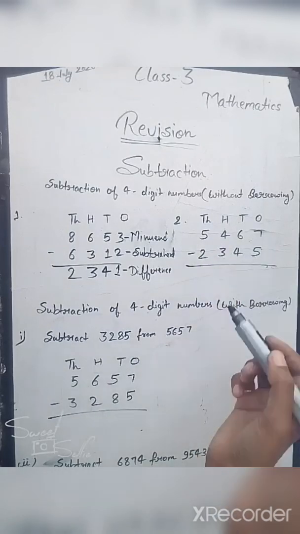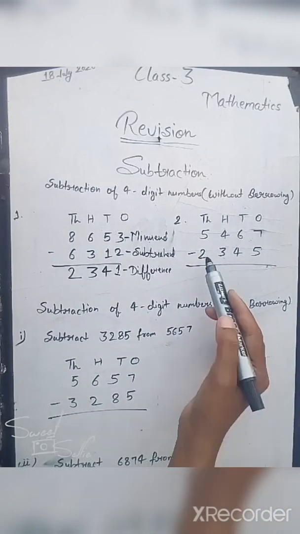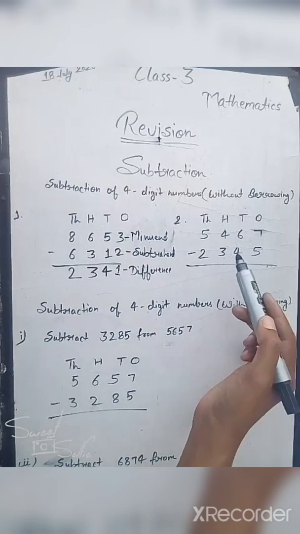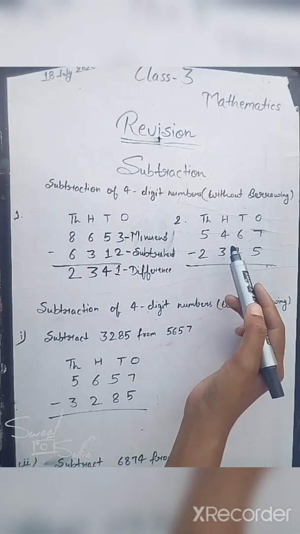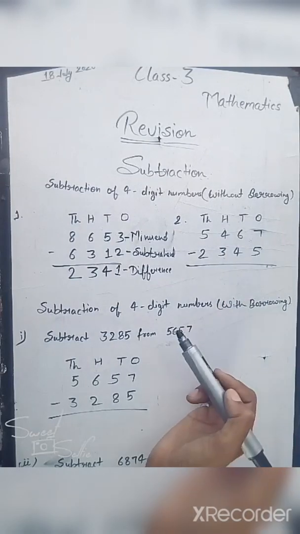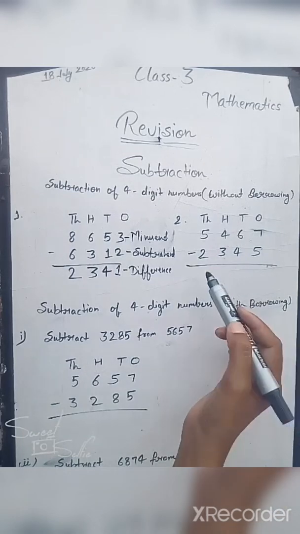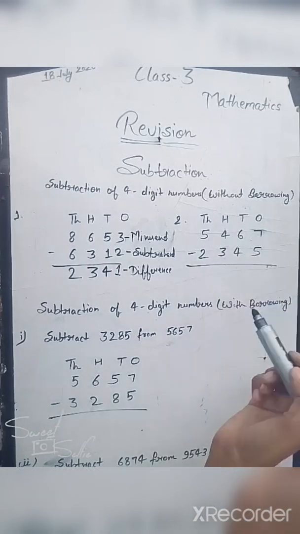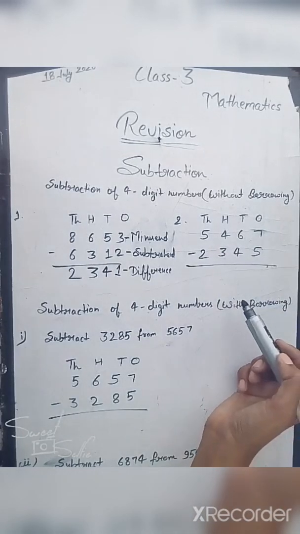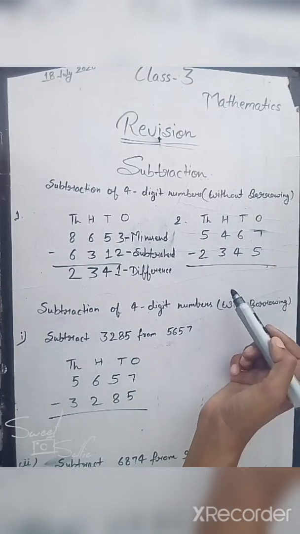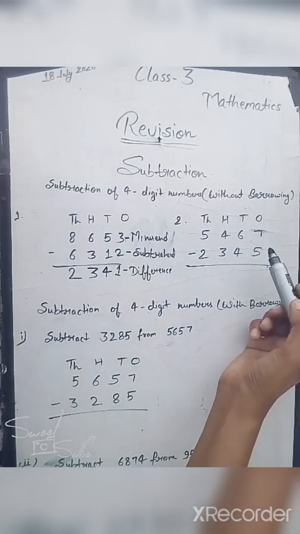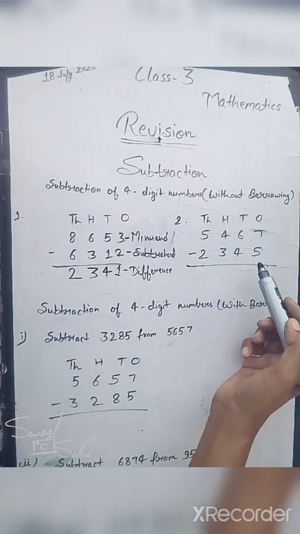In example number 2, we have to subtract 2345 from 5467. So firstly, we will write numbers one below another and start subtracting from ones. Okay, so start 7 minus 5.